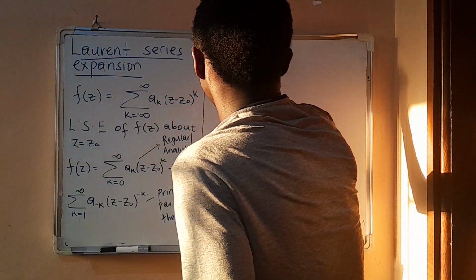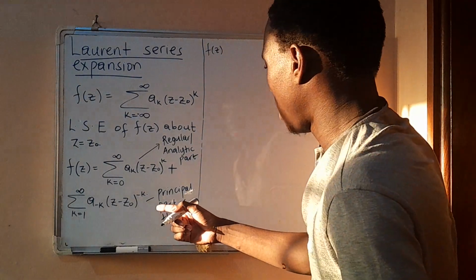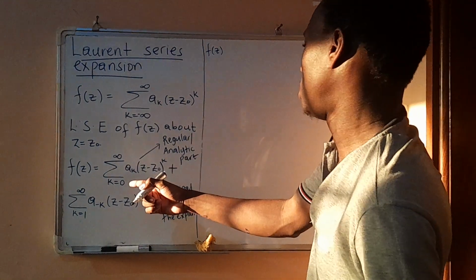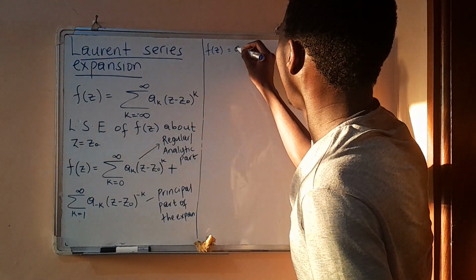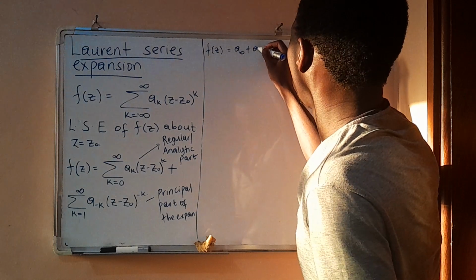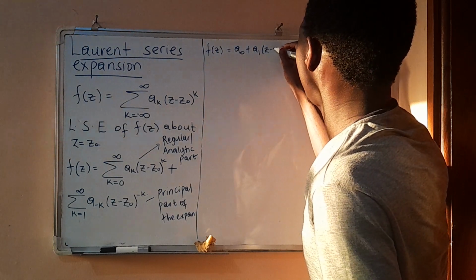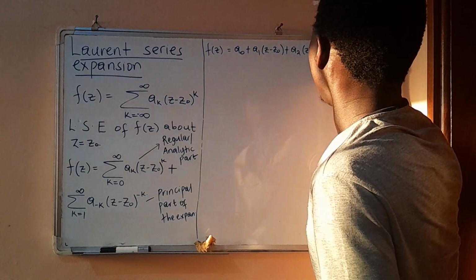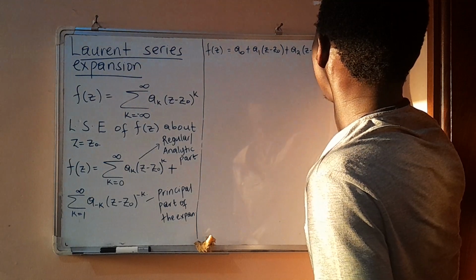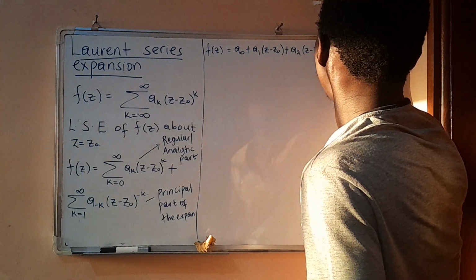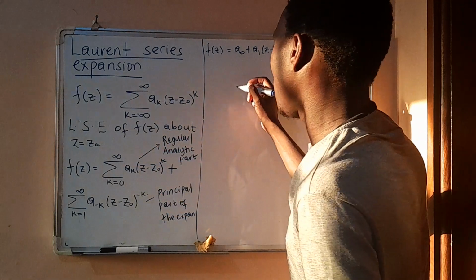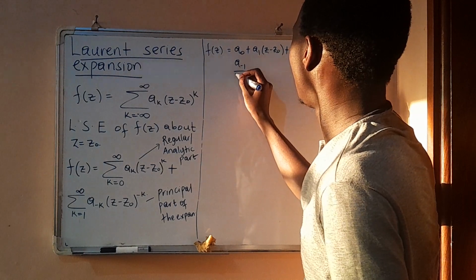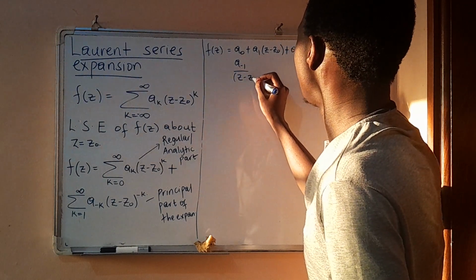I can also write it as, let me start with this. If we substitute k equals 0, we shall have a naught, then k equals 1, a1 (z minus z naught), plus a2 (z minus z naught) power 2, and so on. Then from k equals 1, a negative 1 over (z minus z naught) power 1.